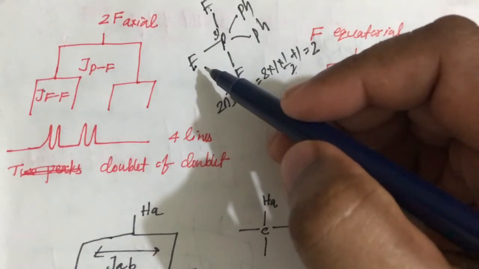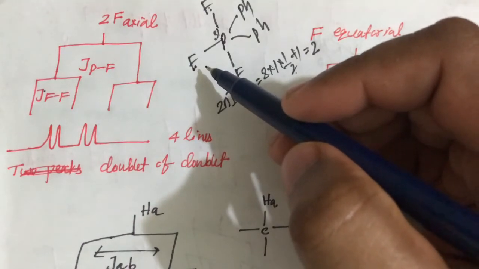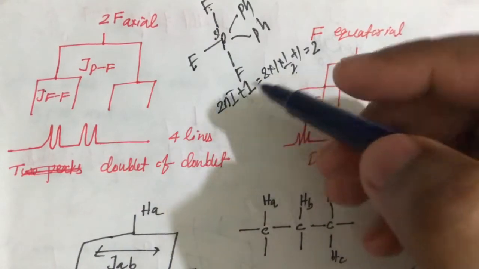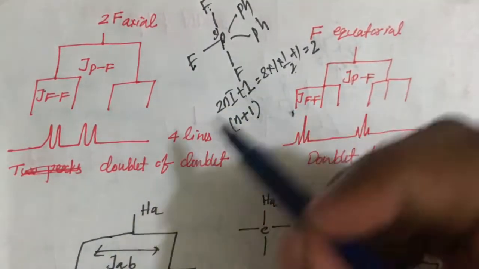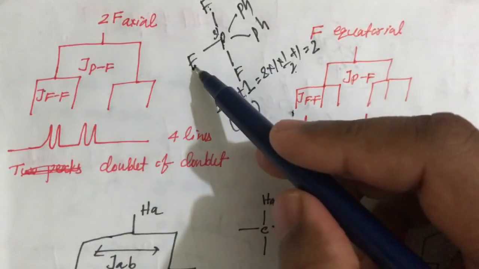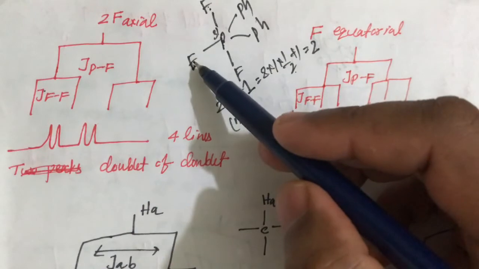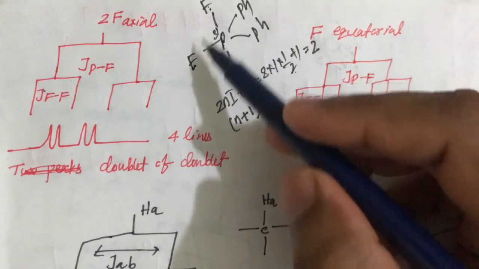If an atom has I equal to half, then we can simplify this equation to n plus 1. So here we have only 1, so n plus 1 is 2. So by means of this equatorial fluorine, it will split into 2.